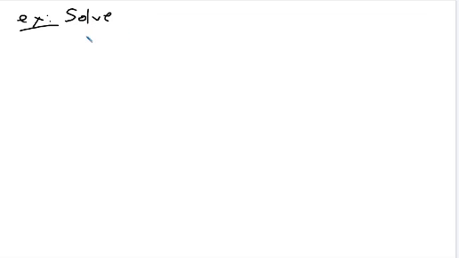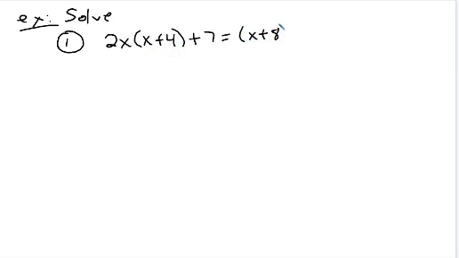So let's look at this first problem. 2x times x plus 4, plus 7, equals x plus 8, plus 2x times x plus 1, plus 12. So notice this is an equation. We've got an equal sign here. So we're solving now. Let's do distributive property just like we did on the first two problems.